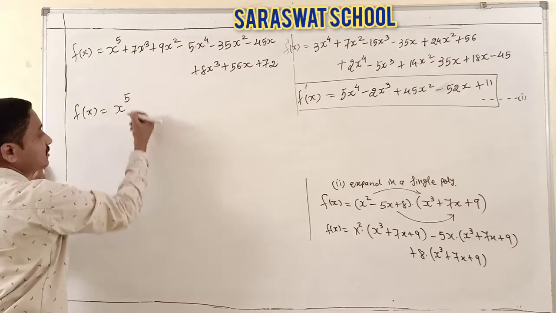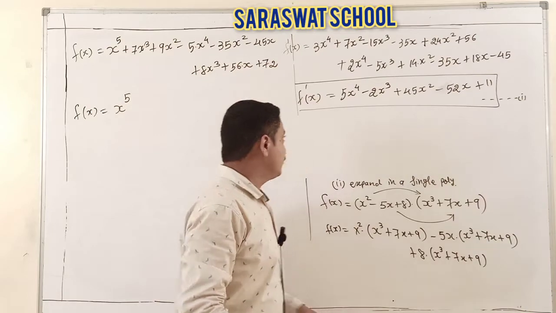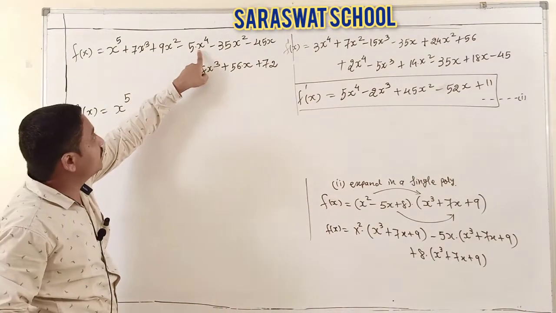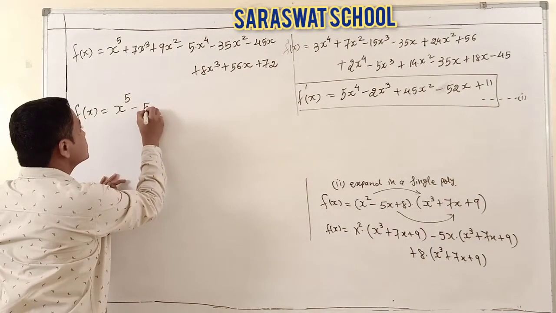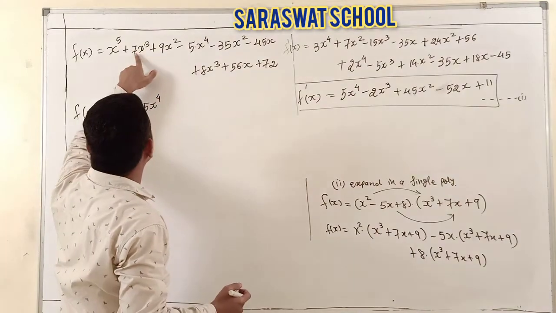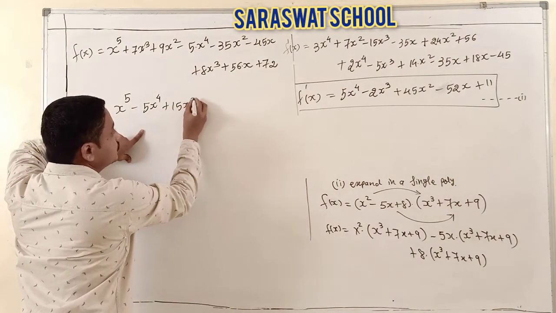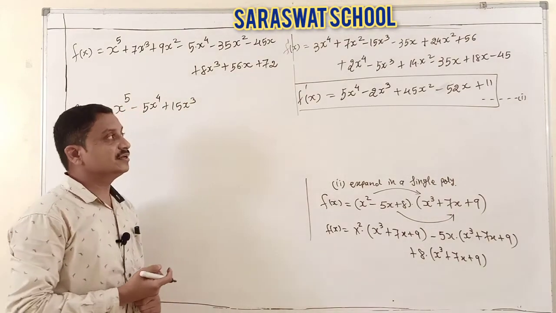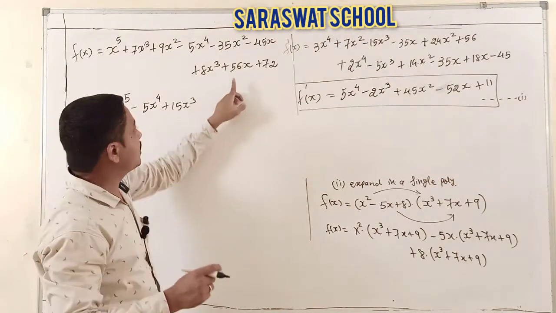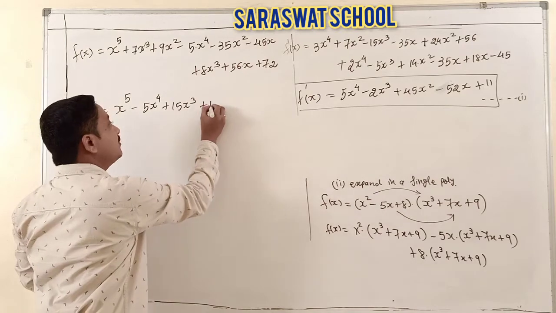Now start from the highest priority to the lowest priority. See the highest priority, 5 only one. Now check the 4 priority is also minus 5x raised to 4. Now students, cube priority. Cube is 7 and 8, 15x cube. Yes, it is 15x cube. Next, continue. Now single x priority, 56x minus 45x, it is plus 11x.